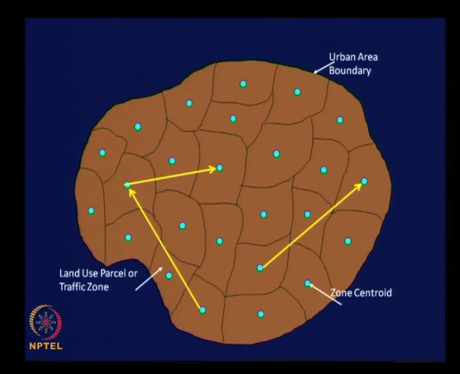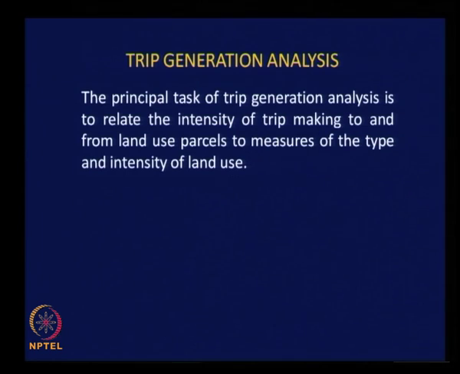With this understanding, let us proceed further to have more information about trip generation analysis. The principal task of trip generation analysis is to relate the intensity of trip making. What do you understand by intensity of trip making?